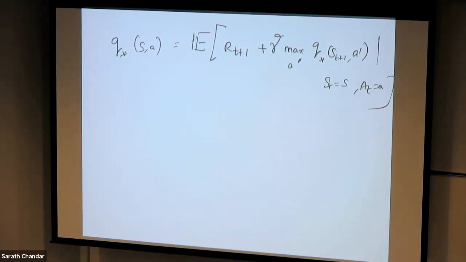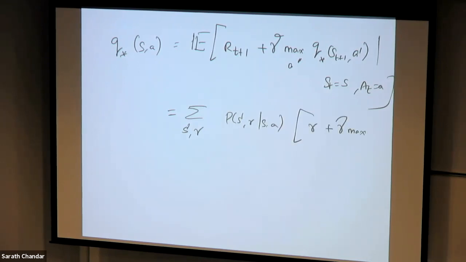If you compare this with the Bellman equation for Q, you don't have the max there. Instead of the max, you have a summation over all possible actions. So this is simply the summation over s', r of the probability of s', r given s, a, times r plus gamma times max over a' of Q star of s', a'.